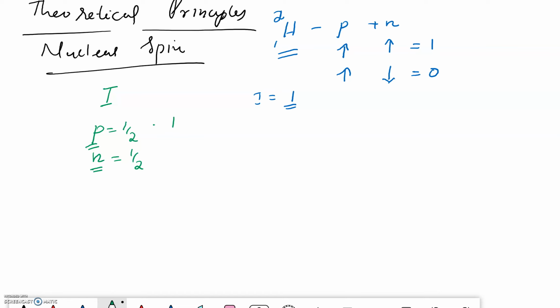In the case of hydrogen, only one proton is present. Therefore, spin will be half. Only one proton, no pairing takes place. But in the case of deuterium, a proton and a neutron are present. Therefore, the spin may be parallel or anti-parallel, so it may be 1 or 0. But experimentally, it is found that the spin of deuterium is equal to 1.